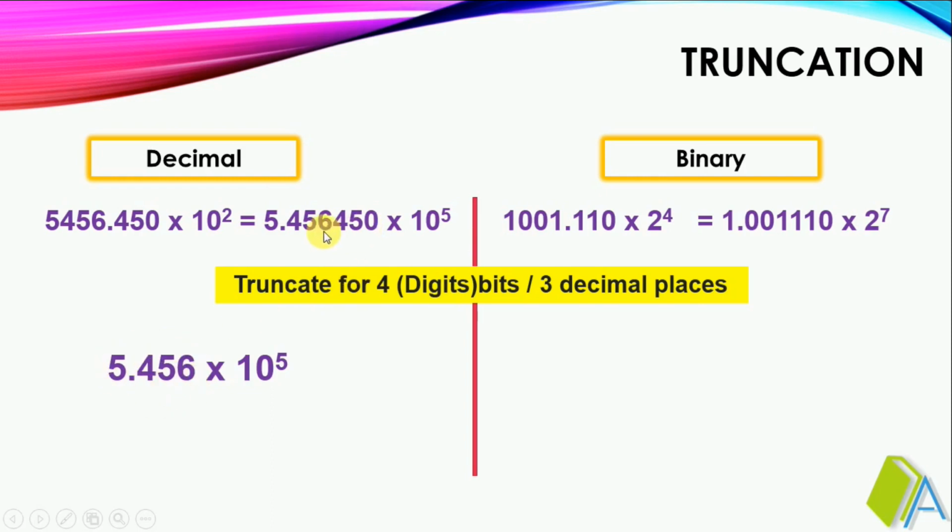We will omit the remaining bits after 6; 450 gets omitted for truncation. If they ask to truncate to 3 bits, you have to write only 4.45 times 10 power 5. In the case of the binary example, the same question, truncate to 4 bits, we will consider 1.001 times 2 power 7.